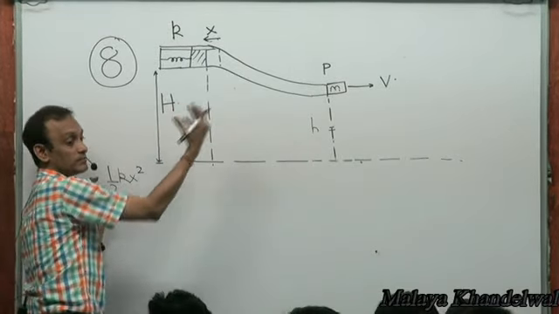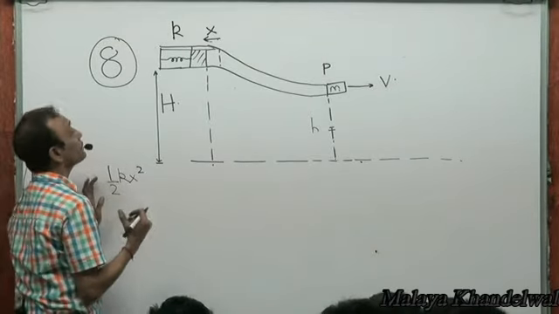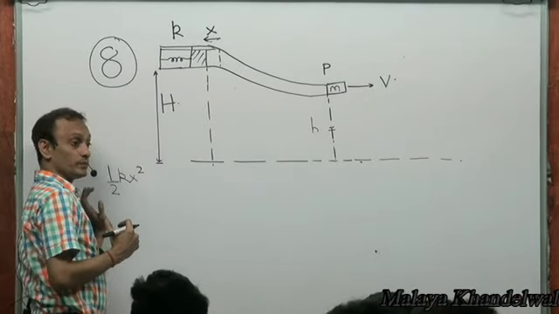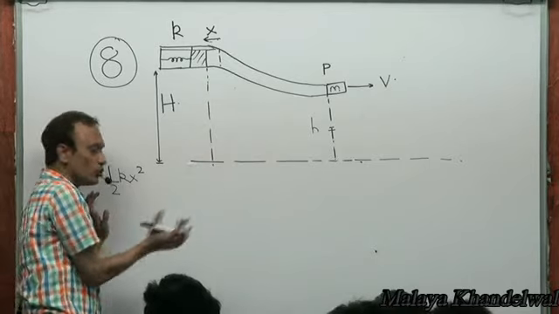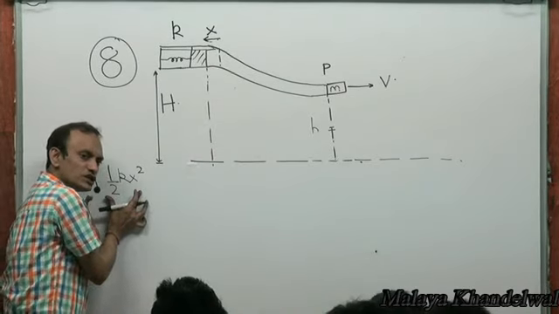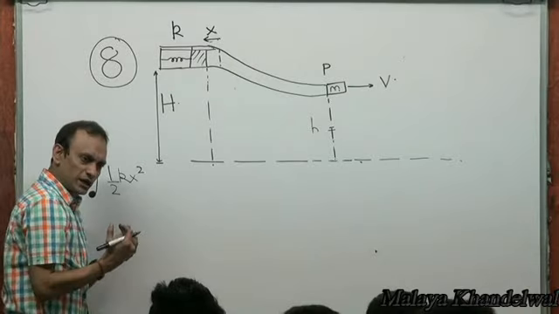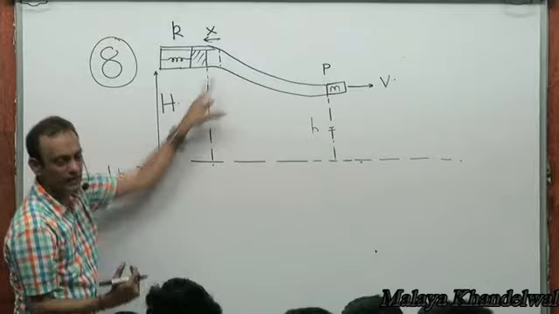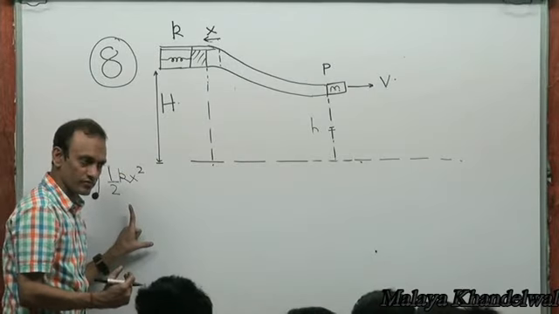If you look at it from a work energy perspective, then the work done by the spring force is going to be half kx squared minus, when it comes into the relaxed state, elastic potential energy 0. So this is the work done by the spring force from a state of compression x to its natural state of 0 compression, right?